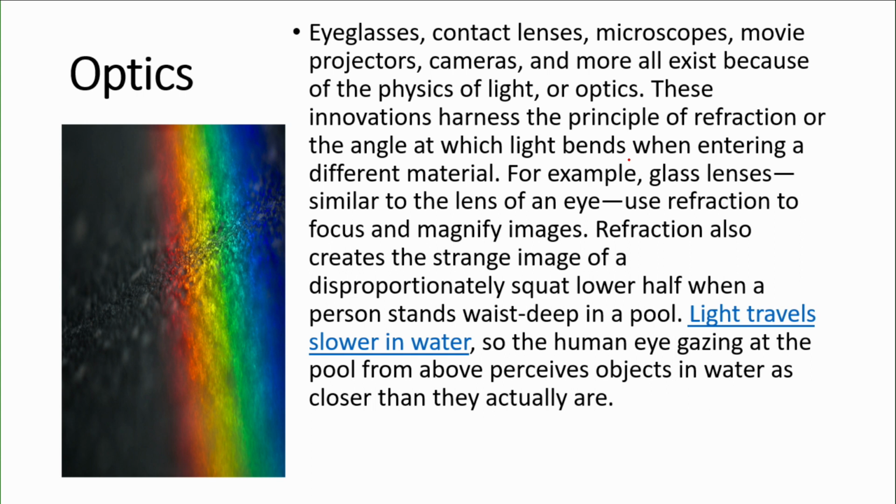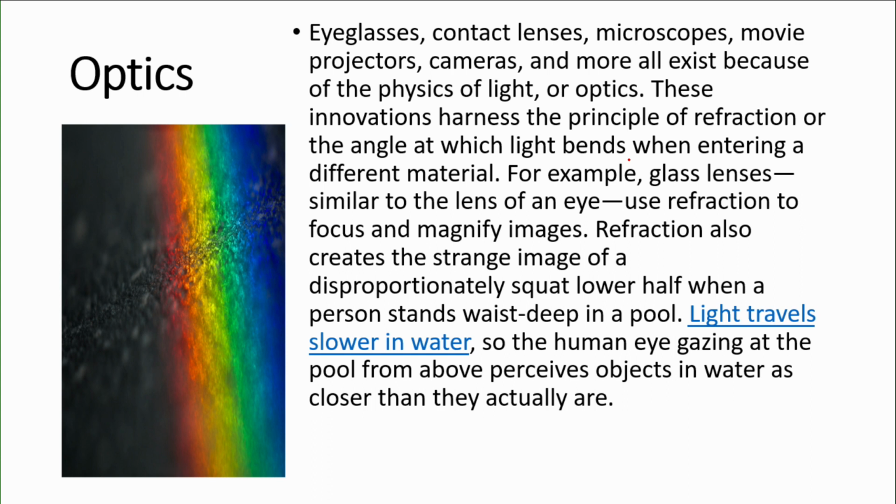Refraction also creates strange images, such as a disproportionate lower half when a person stands waist deep in a pool. Light travels slower in water, so the human eye gazing at the pool from above perceives objects in water as closer than they actually are.